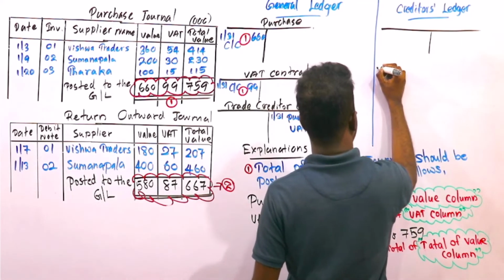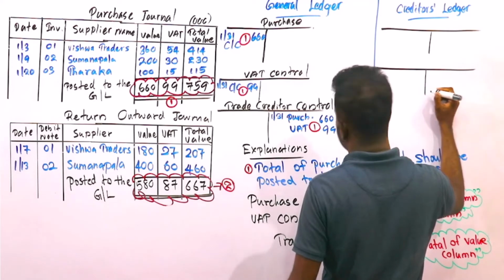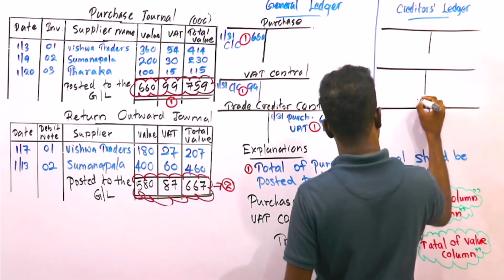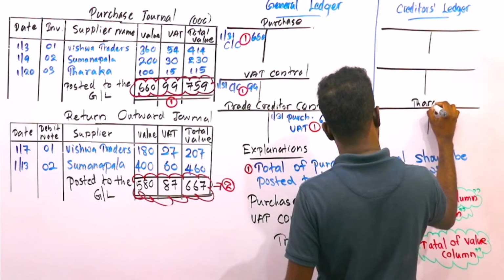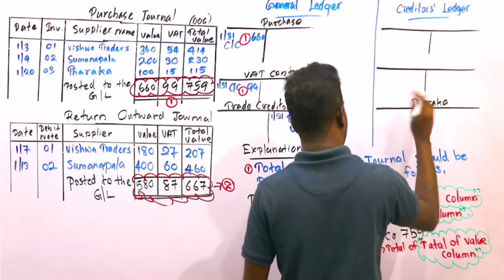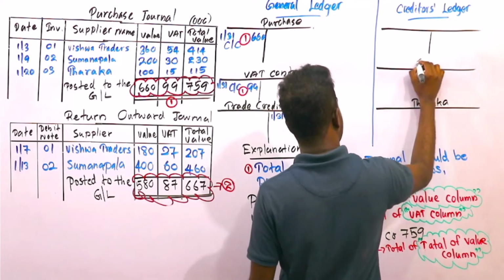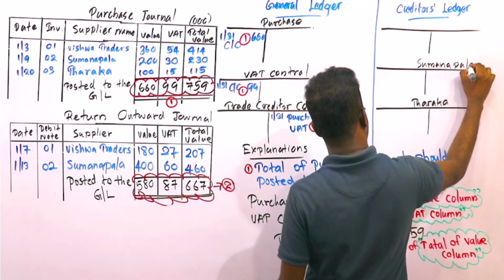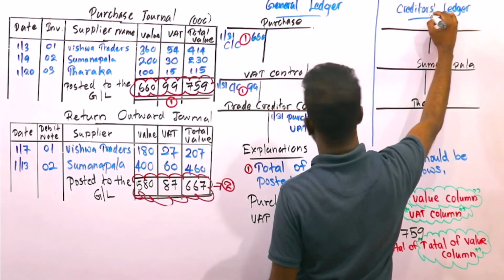Vishwa, Sumanapala and Tharaka. Private accounts, no double entries, only single entries, right? Sumanapala, and this is Vishwa.